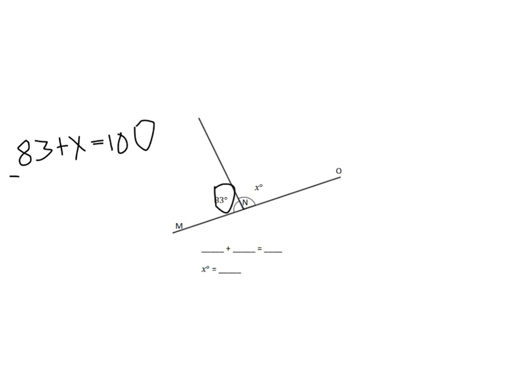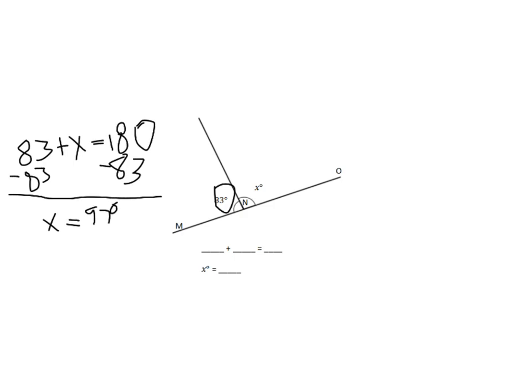So we have to subtract 83 degrees from both sides, so we get x by itself, and when we subtract 83, that would give us 97 degrees.